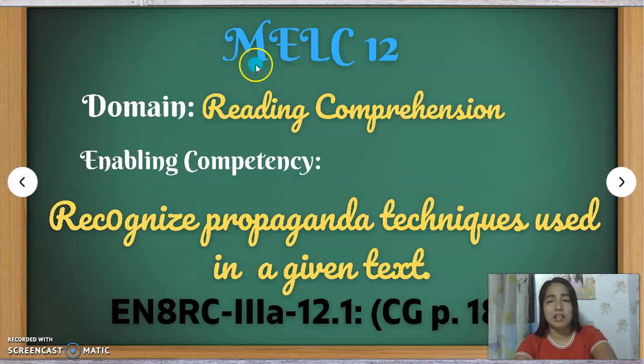We are already in Matatag number 12, domain reading comprehension, enabling competency: recognize propaganda techniques used in a given text. Curriculum Guide, English 8, Reading Comprehension, Quarter 3A-12.1 on page 184.